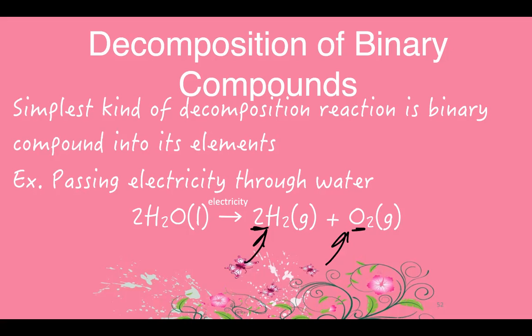Because hydrogen has a positive charge, this is going to be attracted to the anode, which is negative, and the oxygen will be attracted to the cathode, which is positive because oxygen is a negative ion. So at the anode, you would see twice as much gas being produced as the cathode because of that balanced equation.